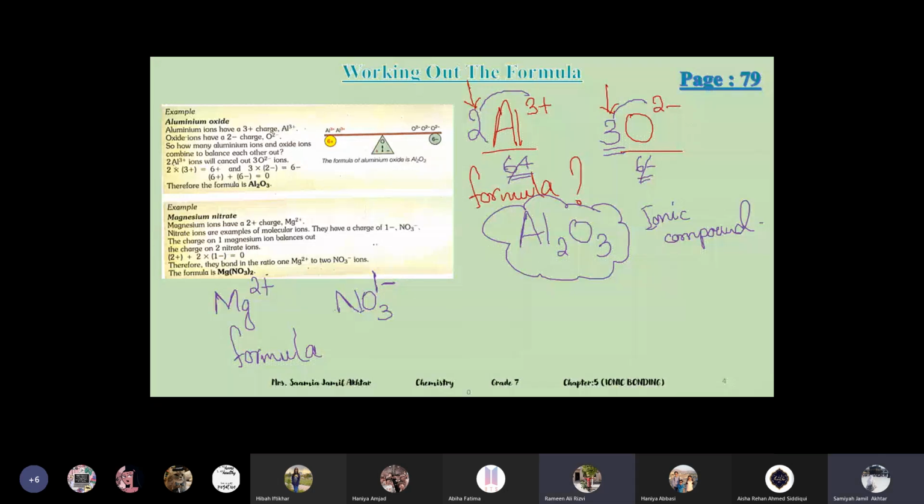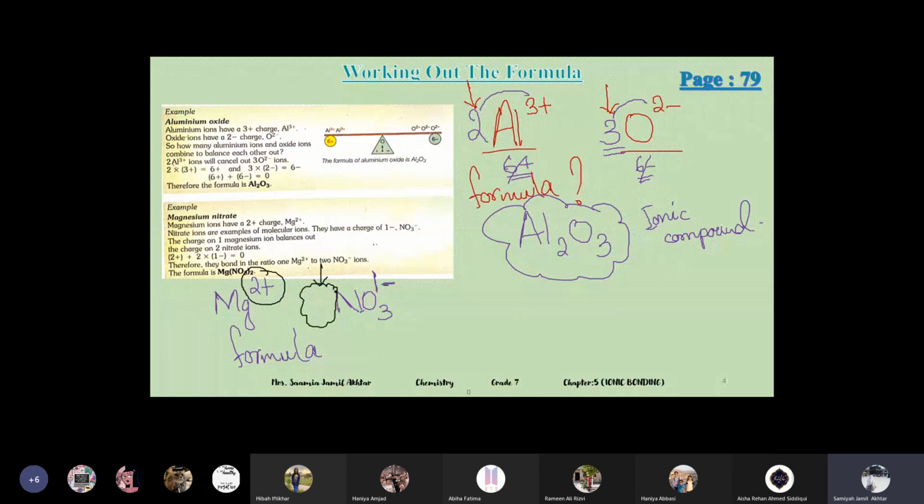Magnesium is 2 plus. Which number should we write here so that 1 will become 2? 2. Yes. Very good. It's very easy.